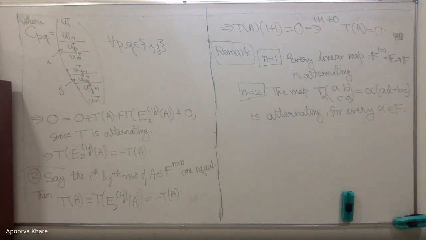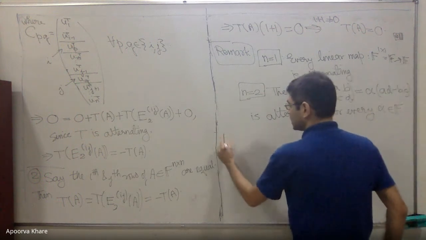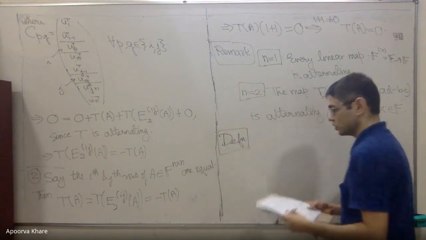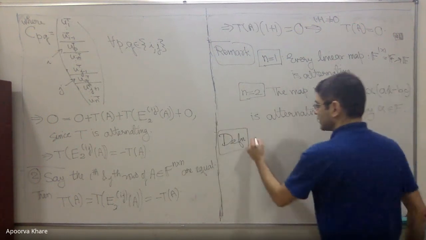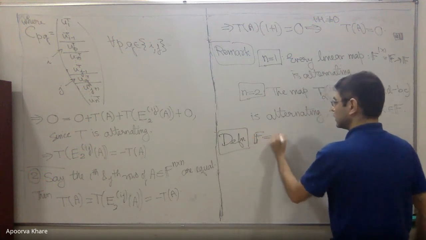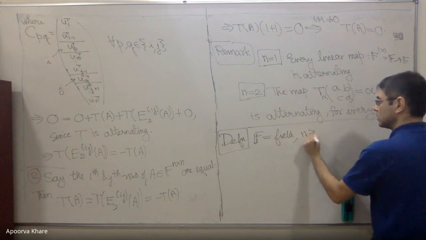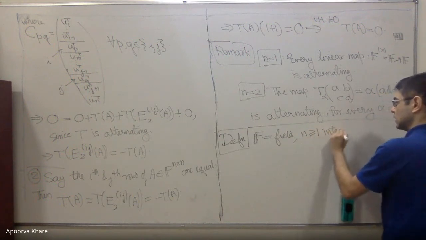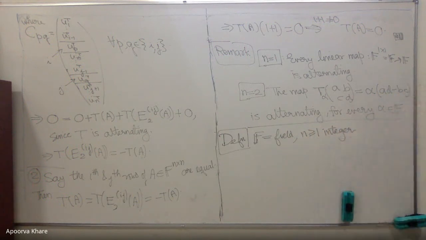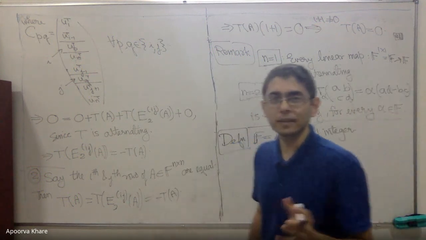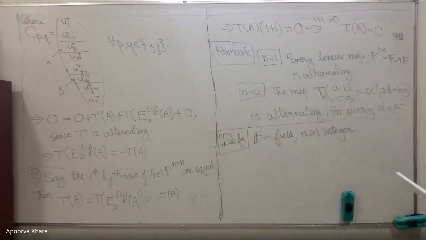So now let's write down the definition. Now we can write down these preliminaries. Fix a field: F is a field, n is an integer. A determinant is literally an alternating multilinear map which satisfies that the identity goes to 1. That is it.